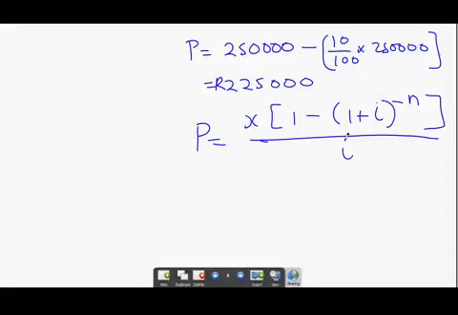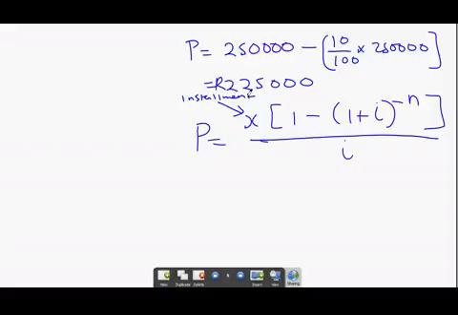Now, once we have done that, remember now we want x. X is the installment in this formula. X is the installment. And P is the recalculated loan.